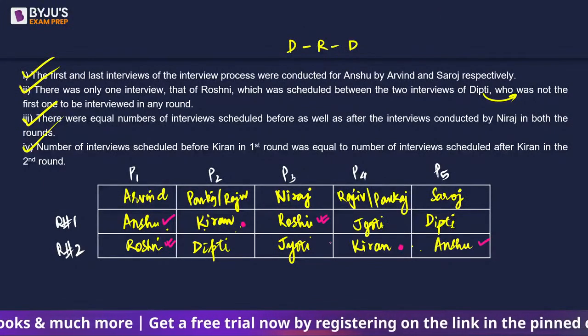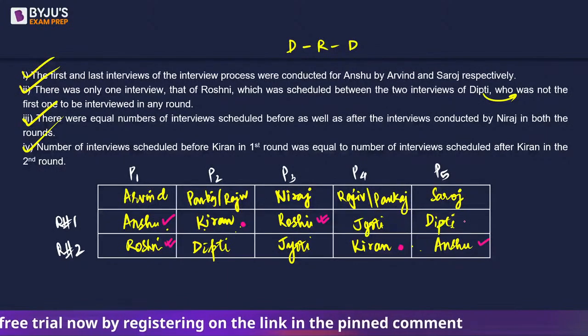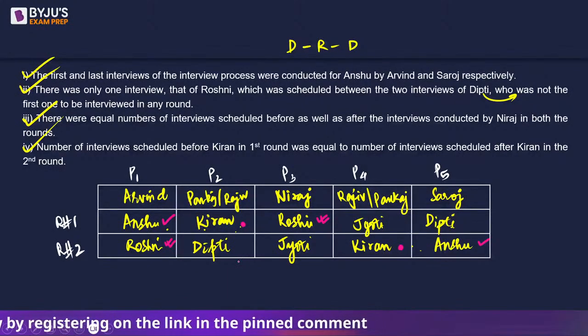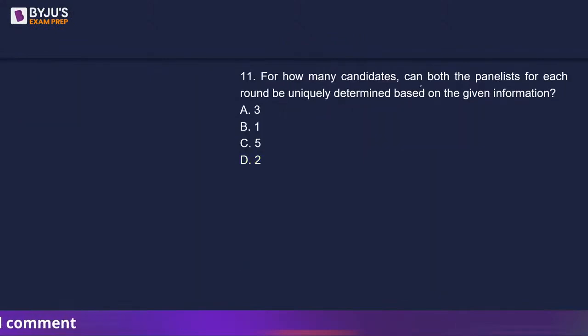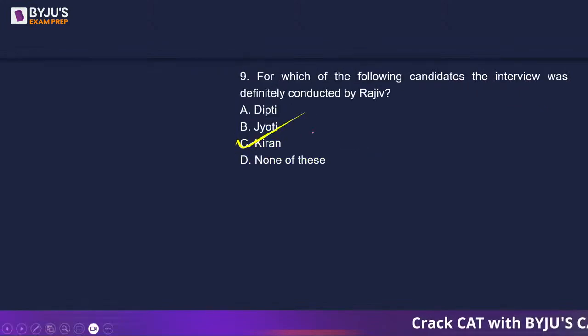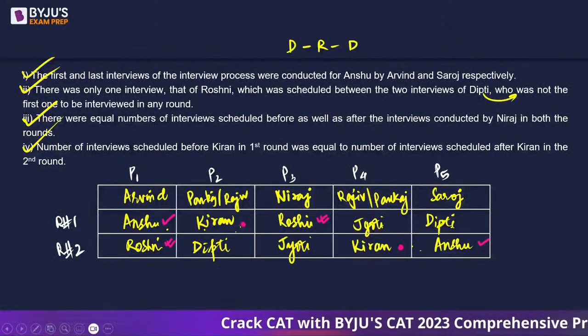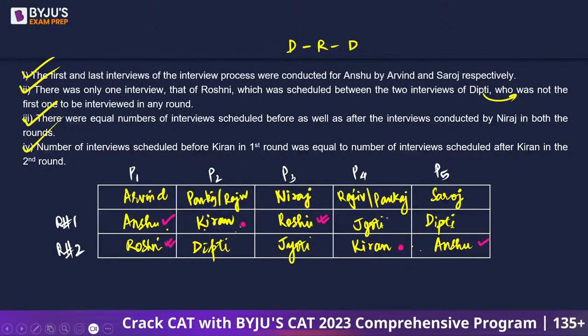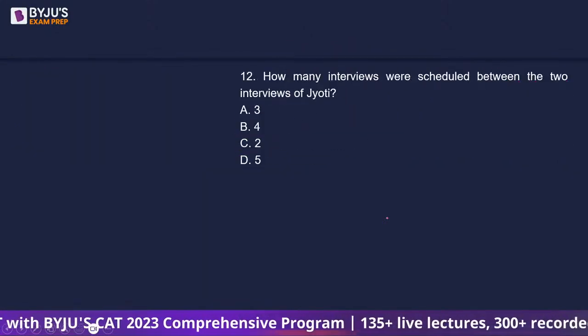Jyoti we are not sure क्योंकि ज्योति का एक round का पता है, second round we are confused. Dipti again we know for one round, we don't know for the second one. So let's read the question once again. So the answer is going to be either 2 or 3. Can both the panelists for each round be uniquely determined? So दो ही लोग हुए ना? Only 2 people. Because for Kiran each round we don't know. We only know for Anshu and Roshni. ठीक है? So 2 is the answer.